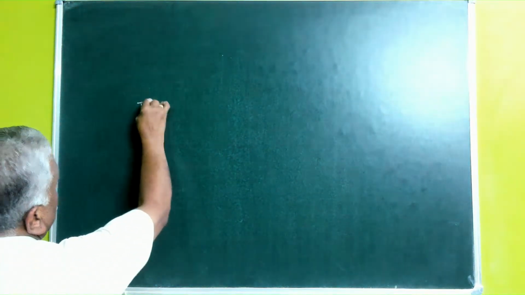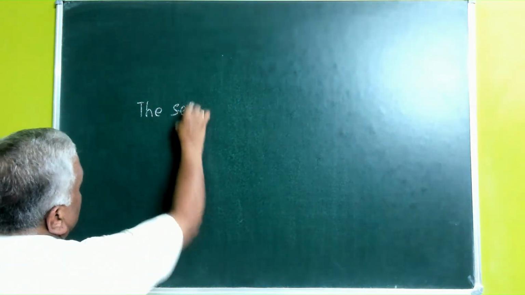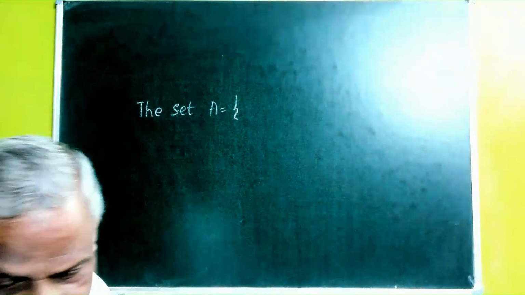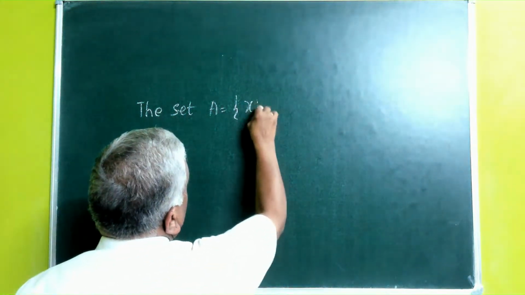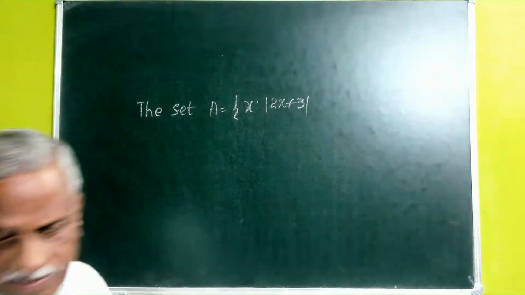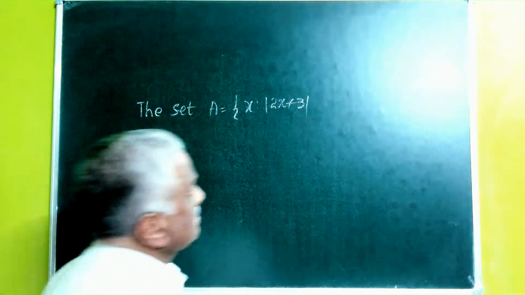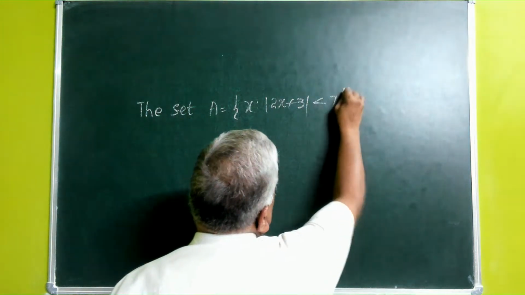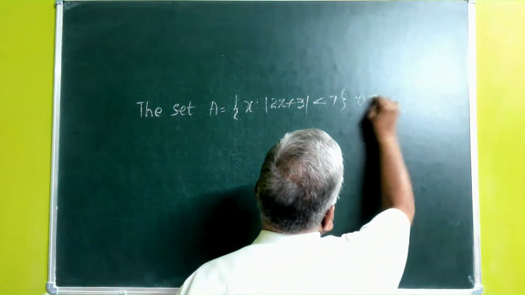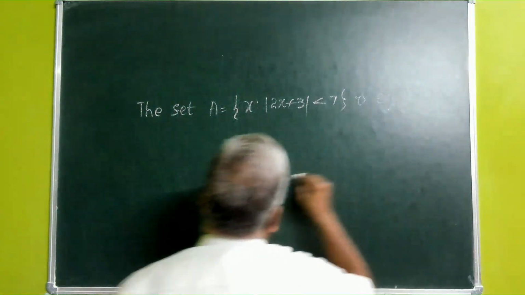Okay. One of the questions they have asked is: the set A equals x such that modulus of 2x plus 3 is less than 7, is equal to the set.